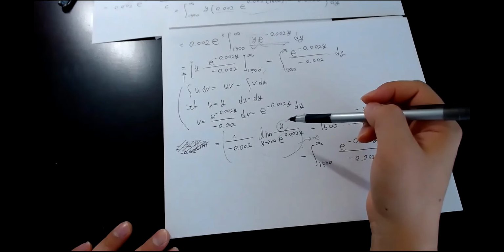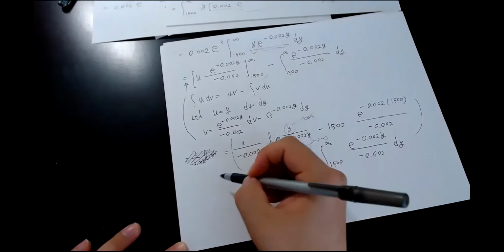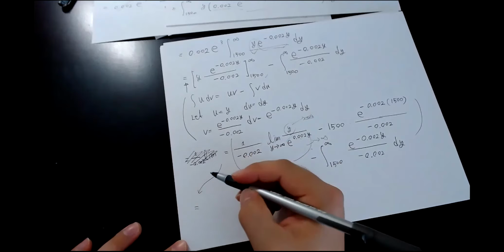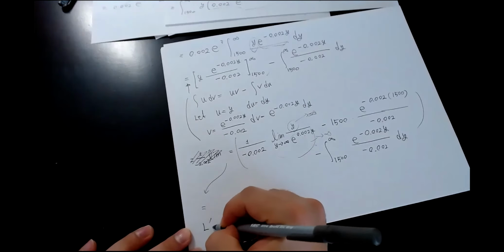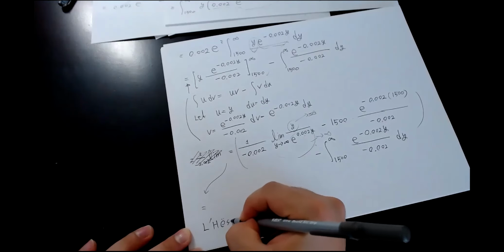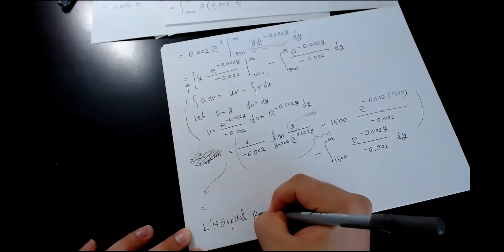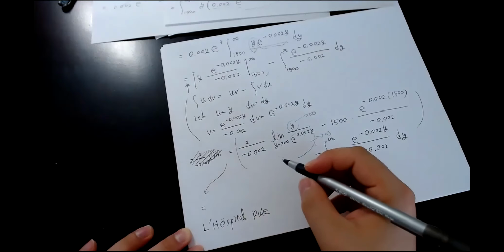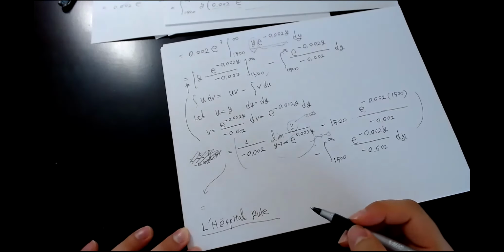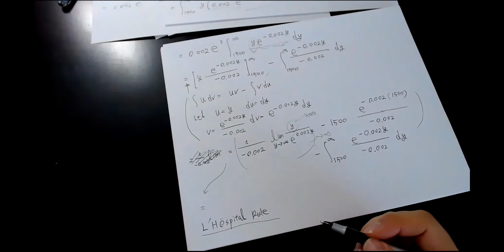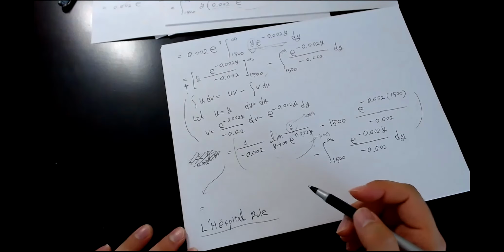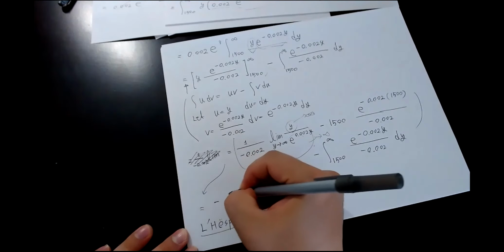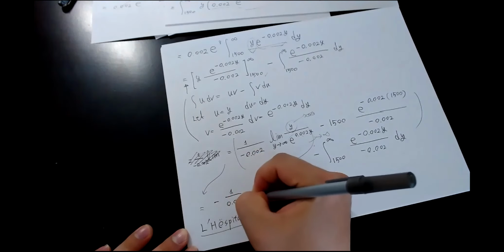So then what? We can use L'Hopital's rule. You can find L'Hopital's rule in your calculus 1 book. So this is minus 1 over 0.002.